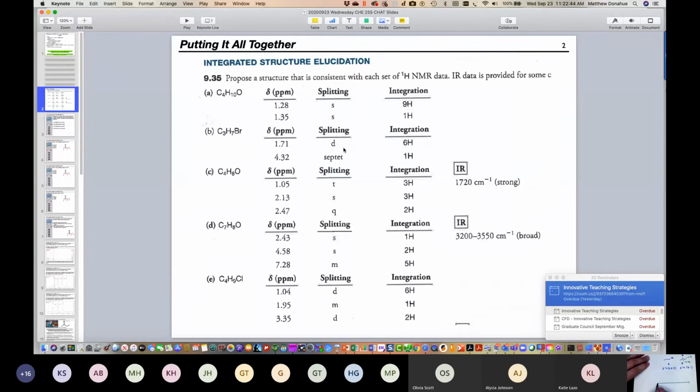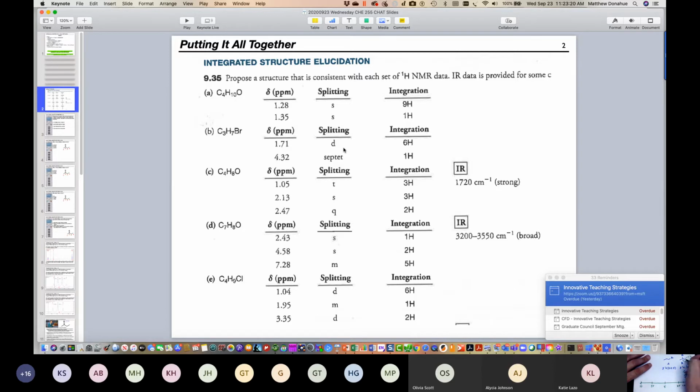Sort of the way that I like to think about this is, in this region here, this is typically where you see sp3 hybridized carbon bearing H. So for example, methyl and ethyl groups will occur in this region.